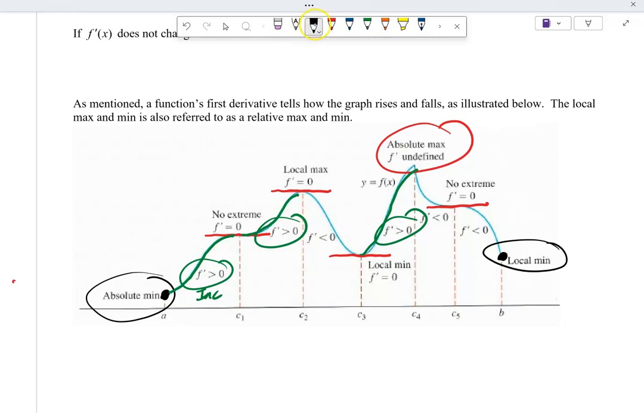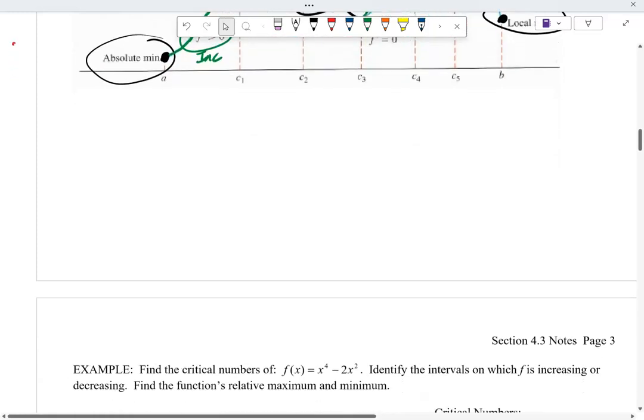And then where the derivative is negative, we're decreasing. All the slopes of the tangent lines there are negative. And finally here, the derivative is negative. Okay? So let's do it now with the calculus.